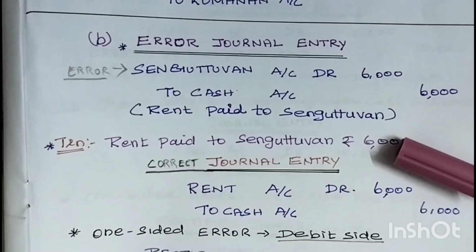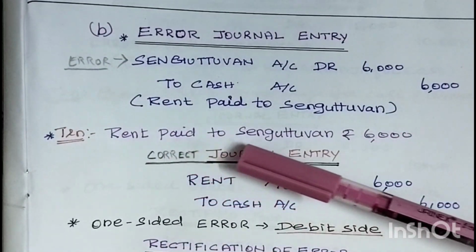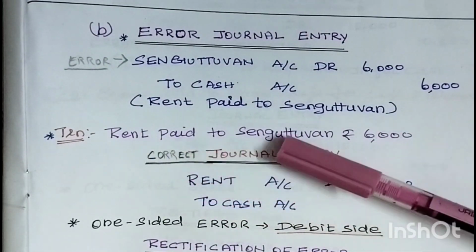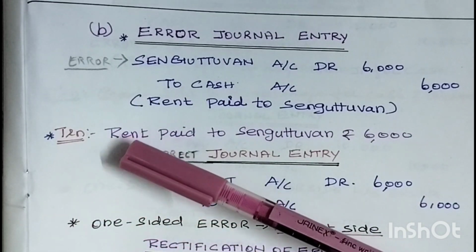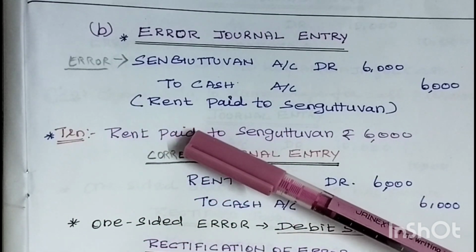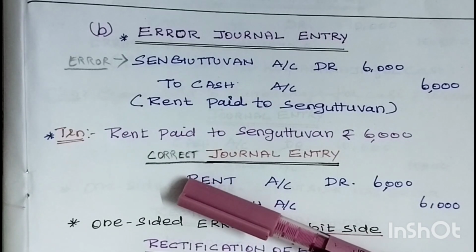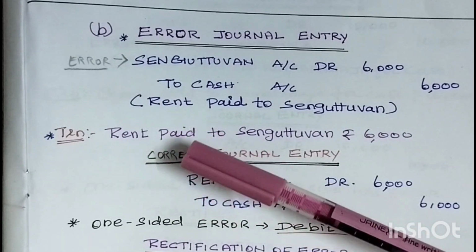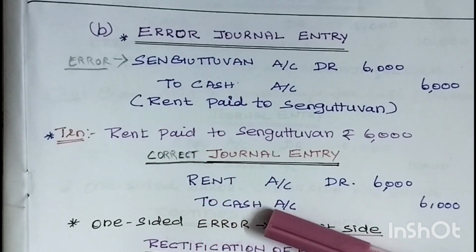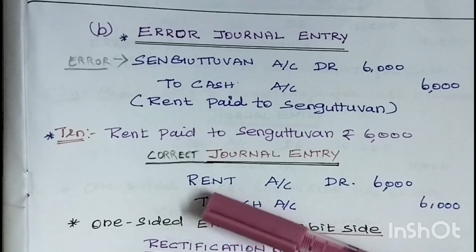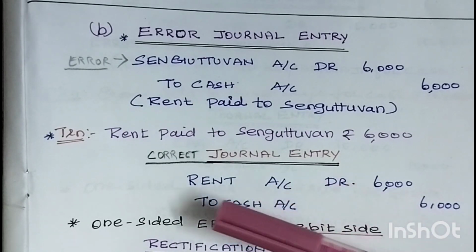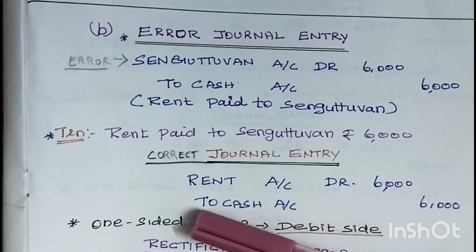What is the journal entry for this? What does this transaction tell us? Rent paid to Sengutuvan. That means rent paid, cash goes out. Cash goes out means cash account credited, in the name of rent account. So rent account debtor 6,000 to cash account.